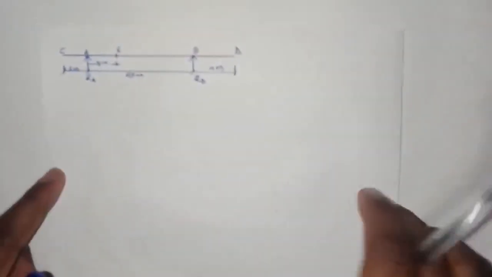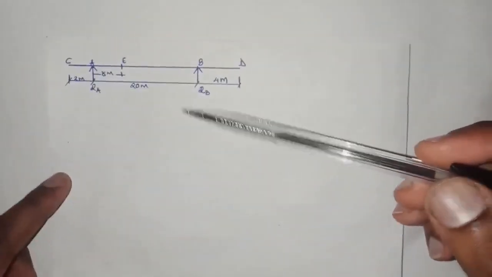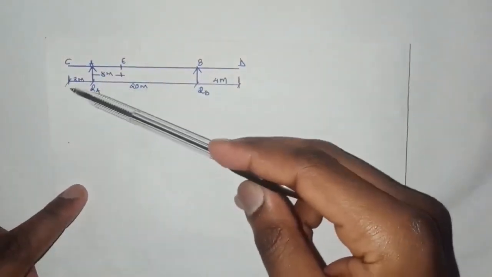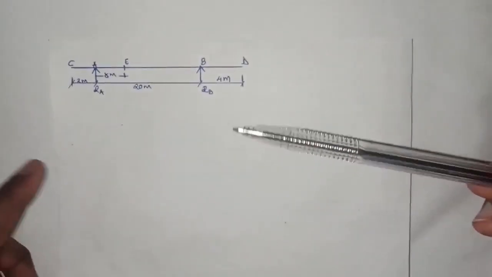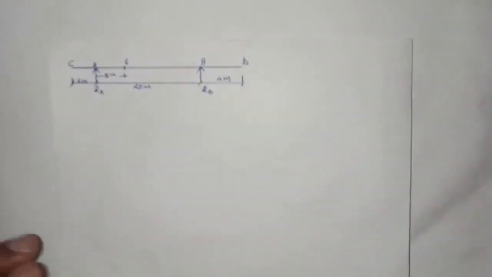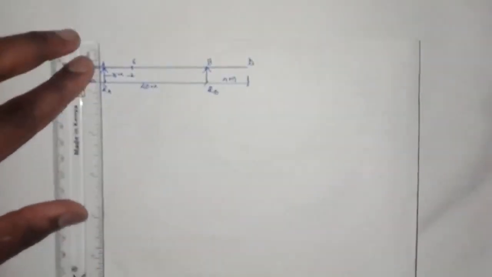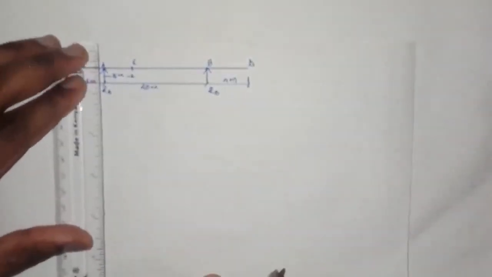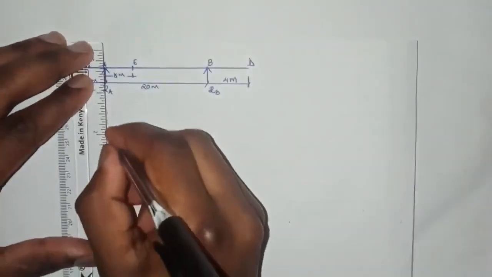So on this page, as you can see, we have the same girder here, and what will be required is that we extend the lines down, up to where you want to reach.